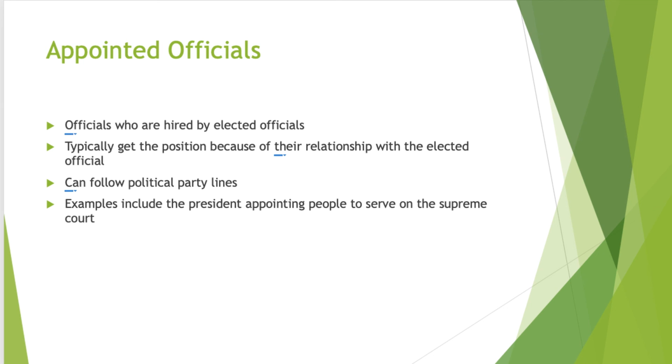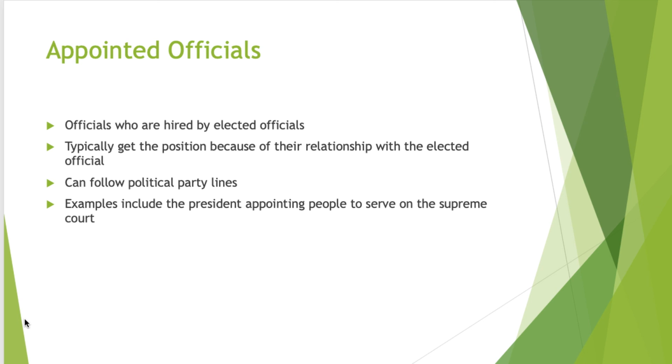So now we're going to go into appointed officials. These are usually officials who were hired by your elected officials. If we continue with our previous example, the sheriff is going to appoint a deputy. That would be an example, like appointing a deputy, or the president appointing people to the Supreme Court is an example.